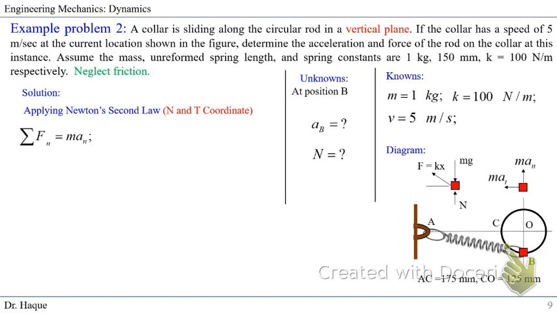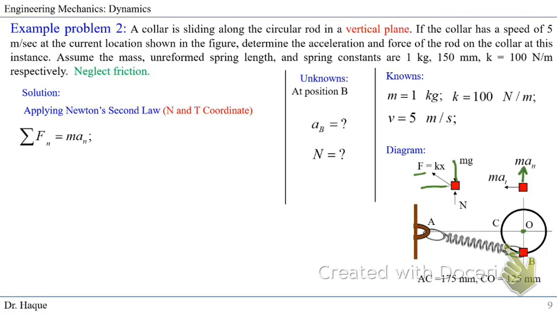So for force, we can have the x and y components of this force, but for acceleration on the collar there are two accelerations. The normal acceleration component is always towards the center of curvature, so it will be in this direction.